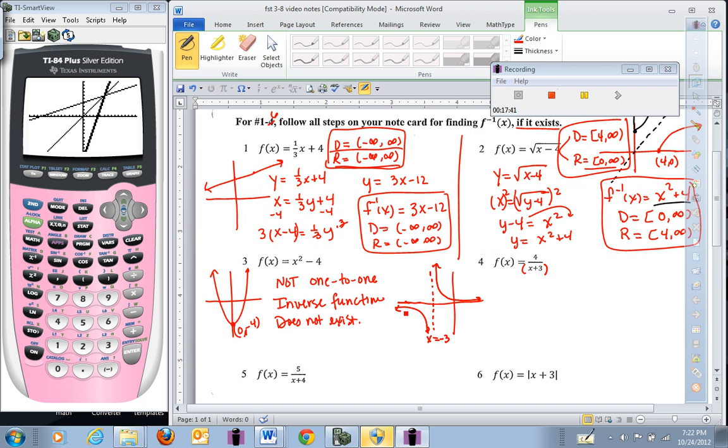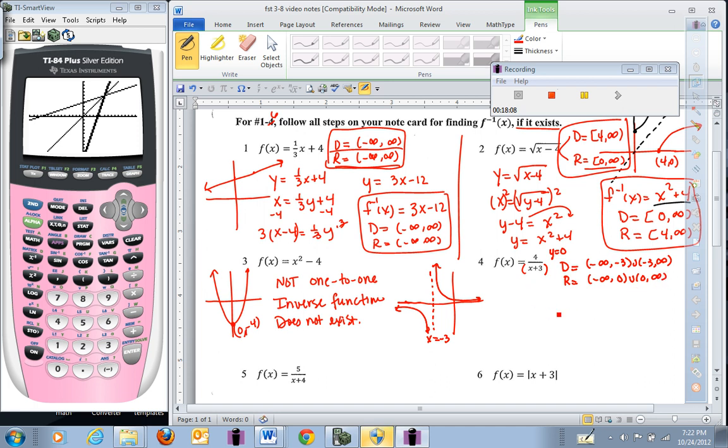And so the domain of this function, by the way, this passes the horizontal line test. The domain would be all real numbers except negative 3. That's my vertical asymptote. And the range would be all real numbers except 0, because the degree of the numerator is less than the degree of the denominator, so the horizontal asymptote is at y equals 0.